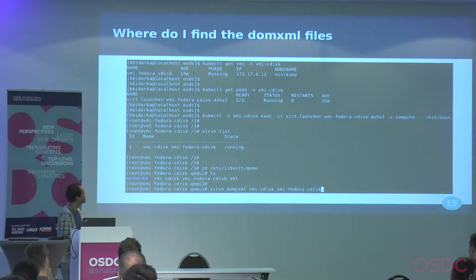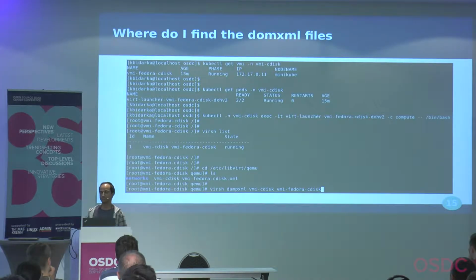As you can see, once we log in into the compute container of the virt launcher pod, we can use the virsh commands to list the virtual machine that is running, and we could then navigate through the file system to locate the domxml file, or you can just use the virsh dumpxml to go through your domxml file. So that was about the VMI object.